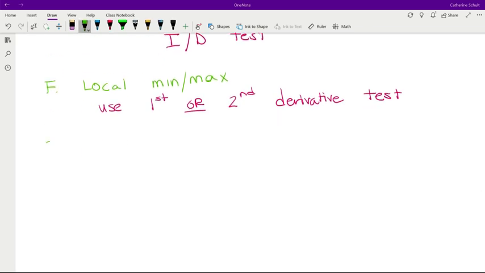And then finally, we want to look at the concavity and any inflection points. Okay, and we do that by using the double derivative.